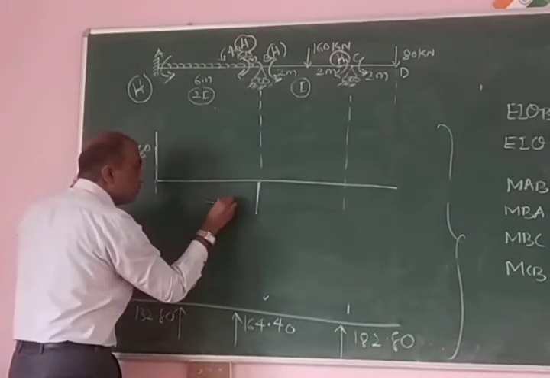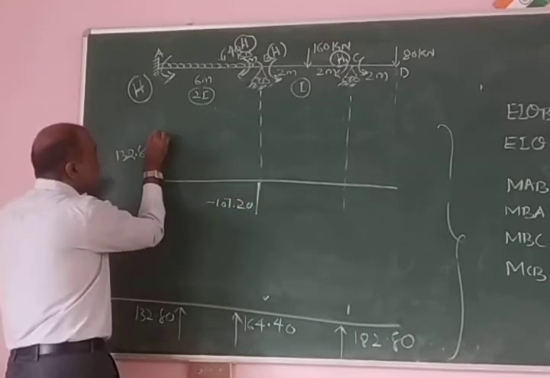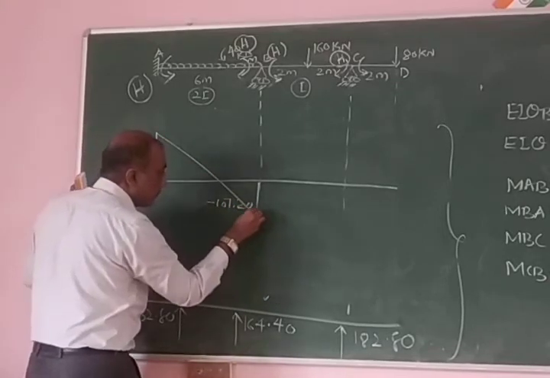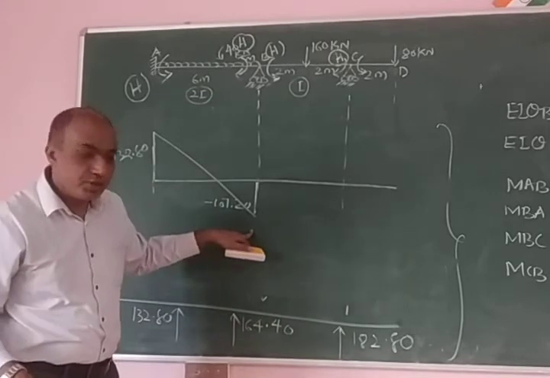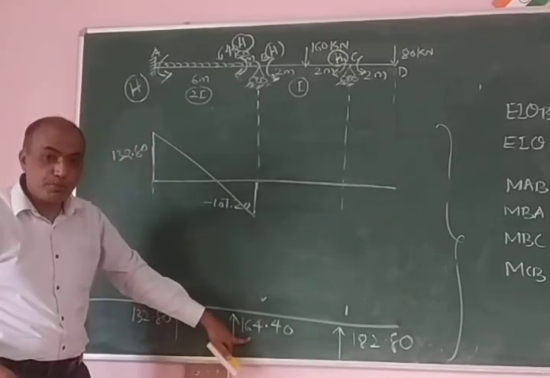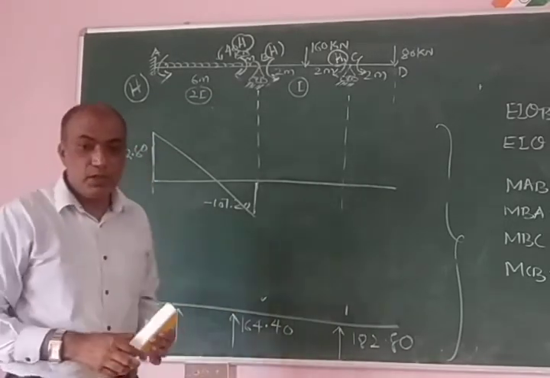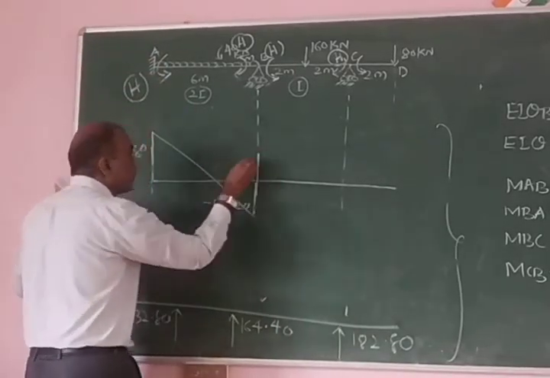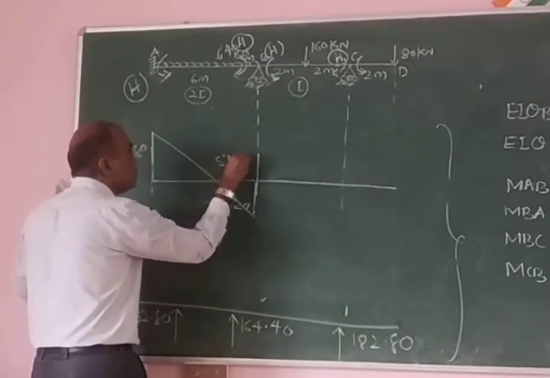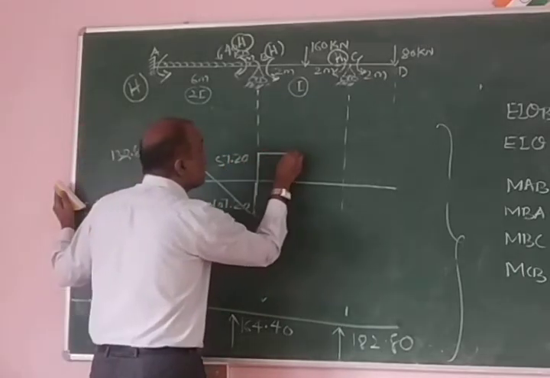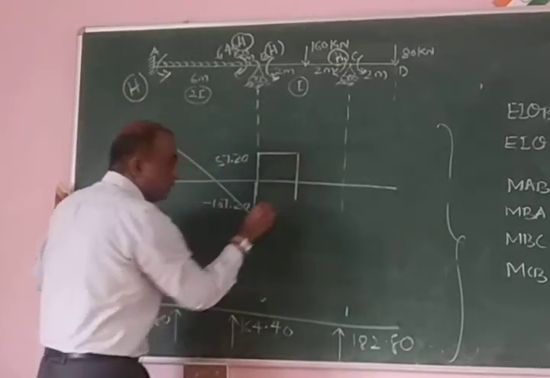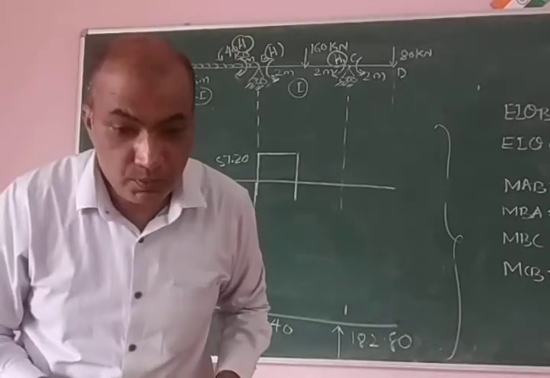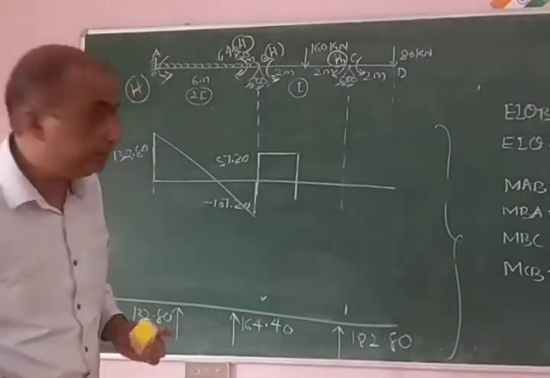Minus 107.2, in between straight line variation because of UDL. Minus 107.2 plus 164.4, it becomes equal to 57.2. Then it remains constant. Minus 160, it becomes minus 102.8.